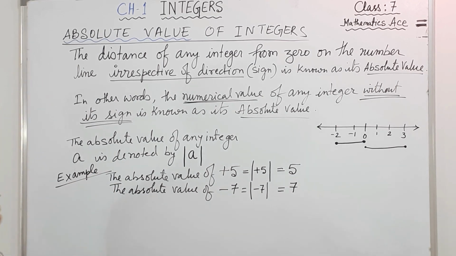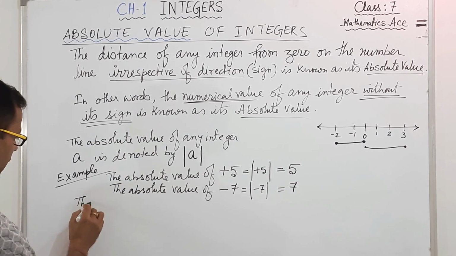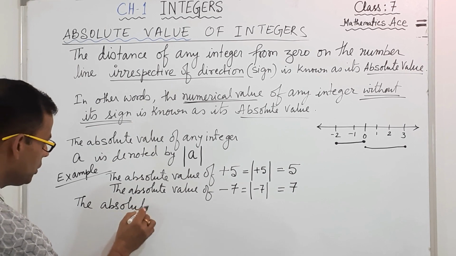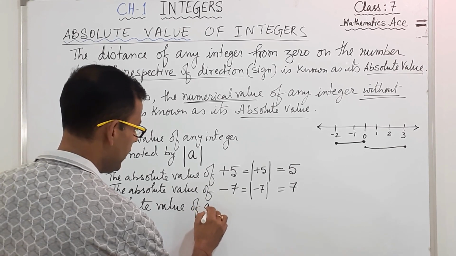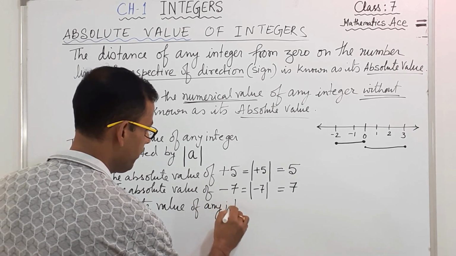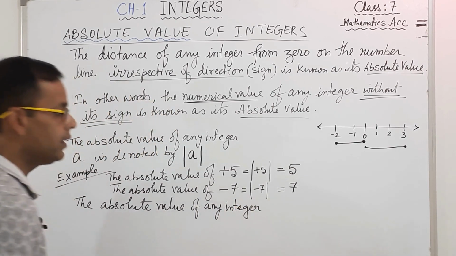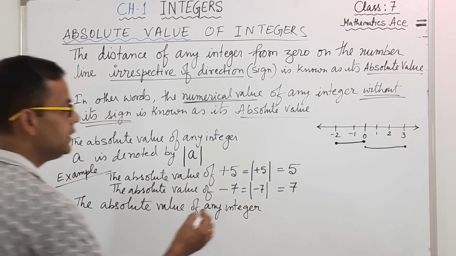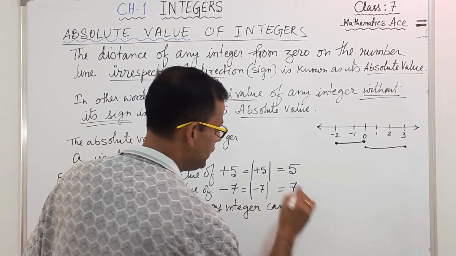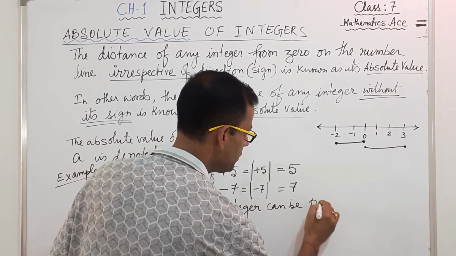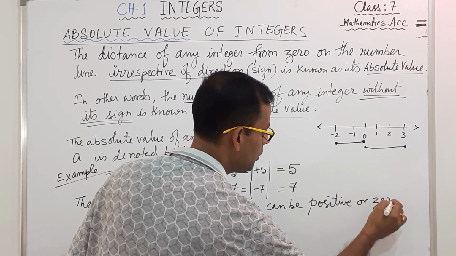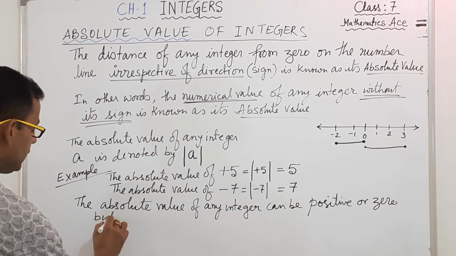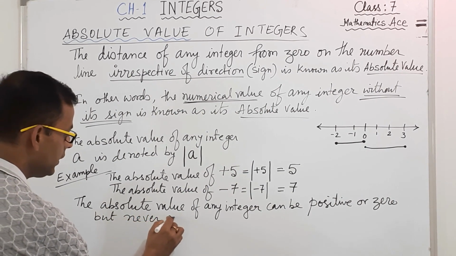Now let me tell you one more thing. The absolute value of any integer can be positive or 0, but never negative.